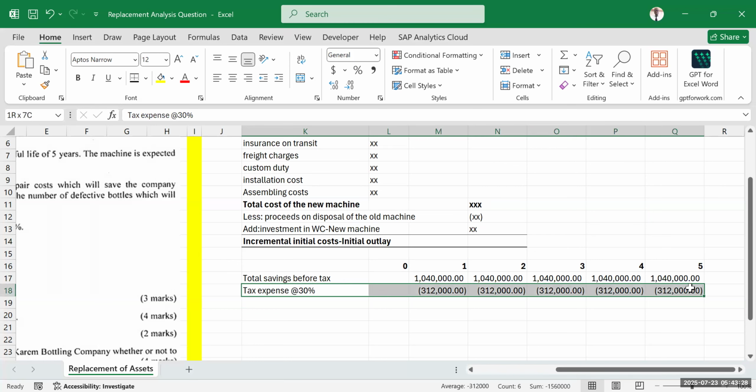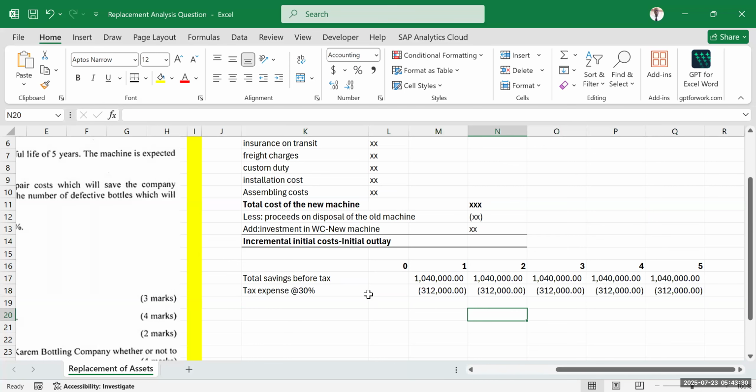In this approach, so as not to confuse anybody, you normally remember a concept that you did, which was called depreciation tax shield benefit. You remember that? I believe you do.